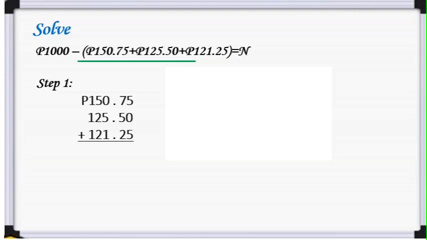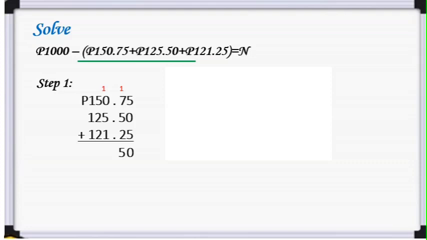So, in this case, we need to regroup. We write 0 and then carry 1. Then let us add 1 plus 7 plus 5 plus 2. The answer is 15. So, we need to regroup also. We write 5 and then carry 1.